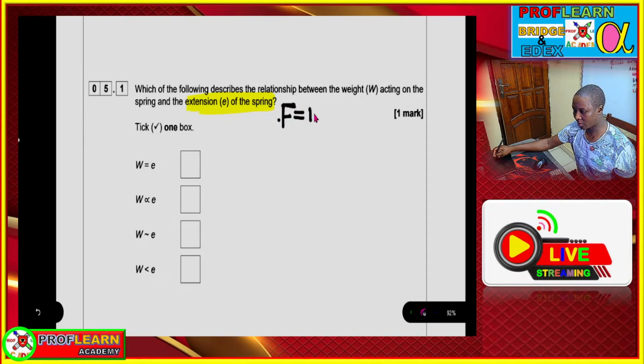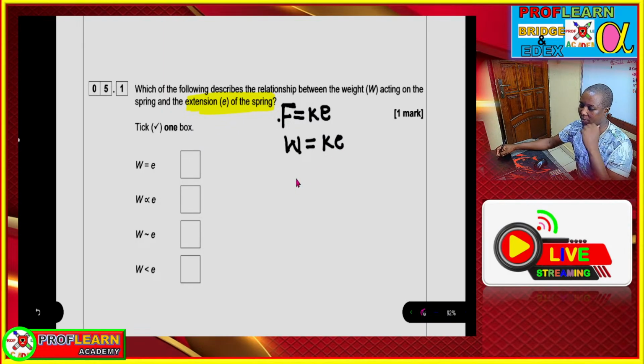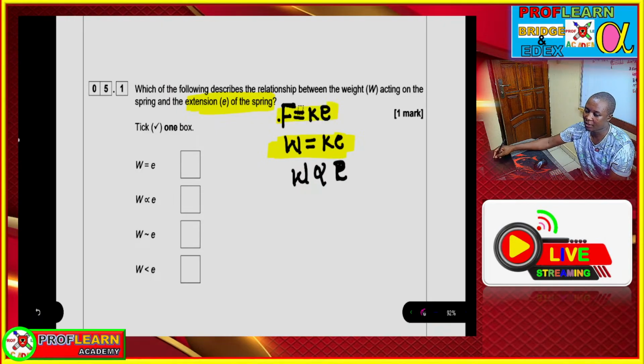Force is equal to Ke. That means weight is equal to Ke, so we can say that weight is directly proportional to extension, whereby K is the constant of proportionality, the spring constant.